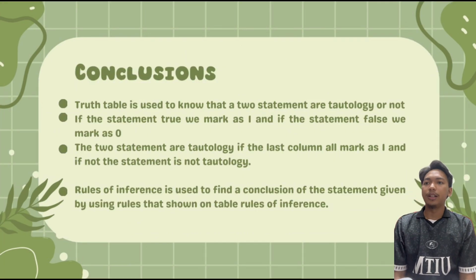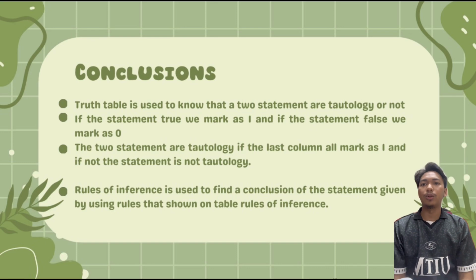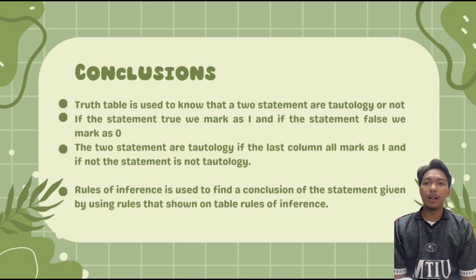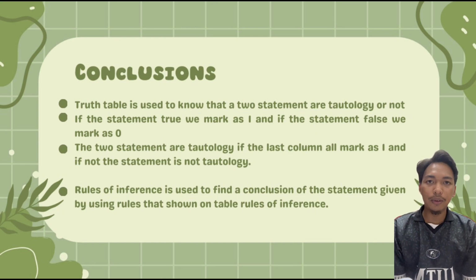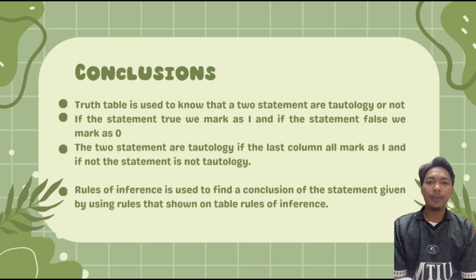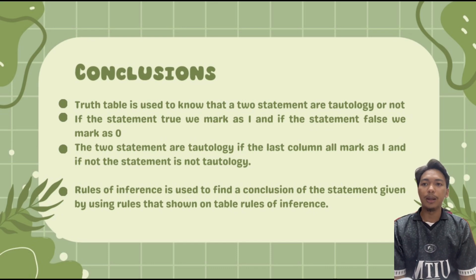For the conclusion, a truth table is used to know whether two statements are a tautology or not. If the statement is true, we mark it as 1, and if the statement is false, we mark it as 0. The two statements are a tautology if the last column is all marked 1, and if not, the statement is not a tautology.